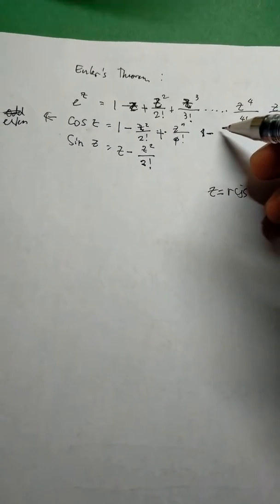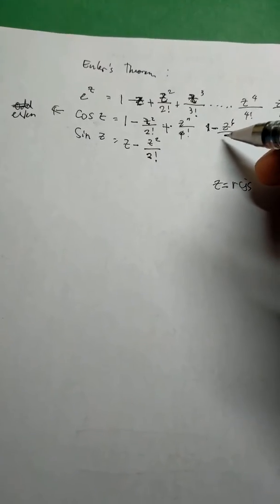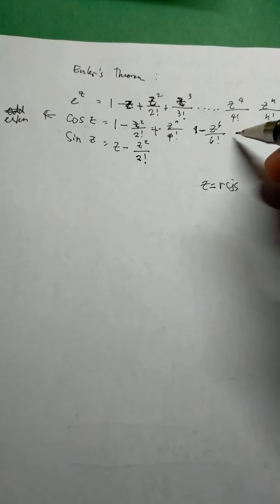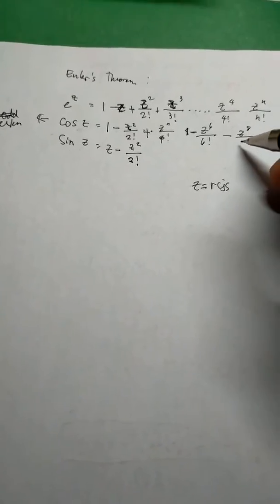So minus z 2, 4, so 6 over 6 exclamation, then minus z raised to 8 over 8 exclamation.